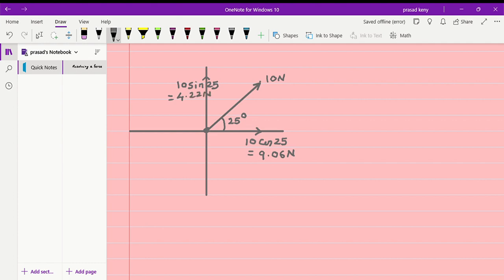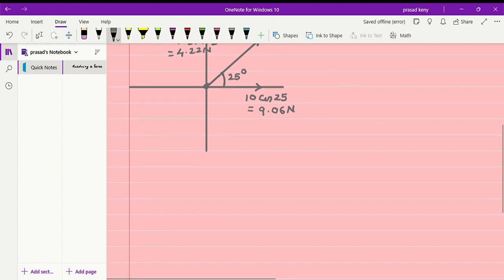So, since the force is in the first quadrant, the cos component will be along the positive x direction, because the x direction is the adjacent side of the angle of 25 degrees, and the sin component will be along the positive y direction. Let us take one more problem here.